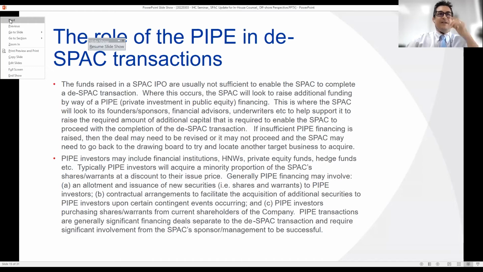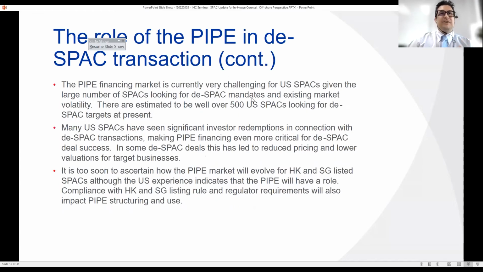The next slide that I'd like to mention in terms of the PIPE financing, and when I'm talking about PIPEs, I'm really talking about the US experience here. At present, there are estimated to be over 500 SPACs looking for de-SPAC targets at the moment. And there's been quite a lot of volatility in the PIPE financing market.